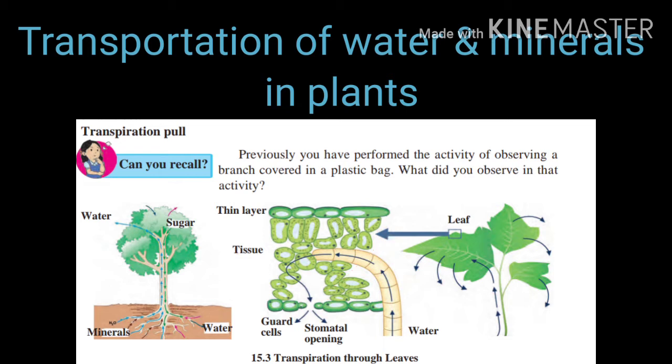Now during the daytime, because of evaporation of water from the leaves to the environment, the concentration of water in the layer of leaf decreases. And hence water is brought up through the xylem due to decreased concentration of water in those areas.